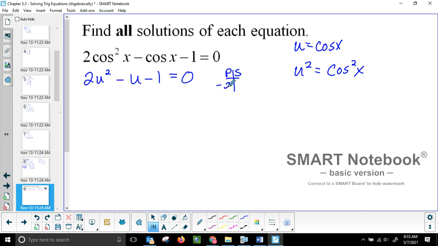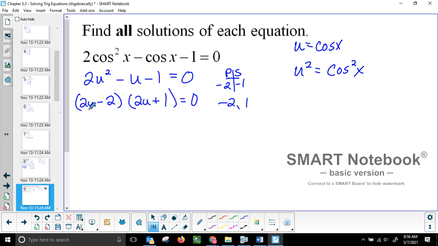A times C is -2. B is -1. So numbers that multiply together to give me -2 but add together to give me -1 are -2 and +1. So I keep my leading coefficient in both of my factors, and I fill in my blanks with the numbers I just found, -2 and +1.